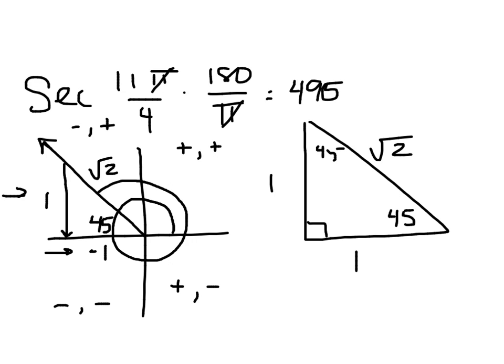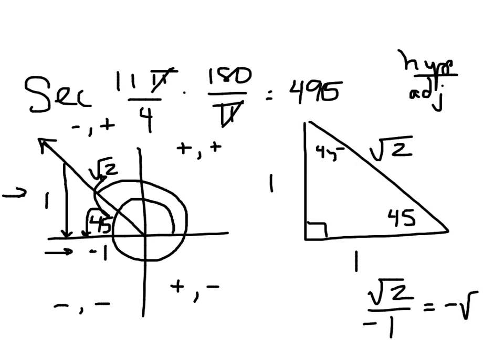Now for this particular one, since we're looking for secant, secant is the reciprocal of the cosine. Cosine was this over this. So secant, remember, is hypotenuse over adjacent. In this case, square root of 2 over negative 1, which is then negative root 2.